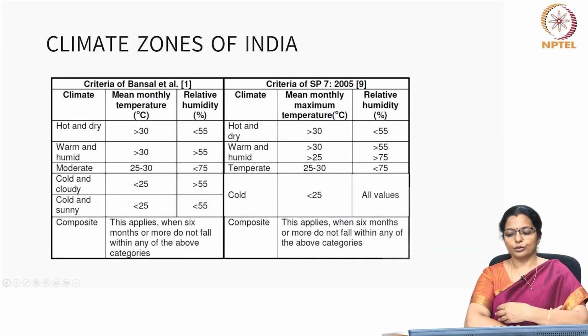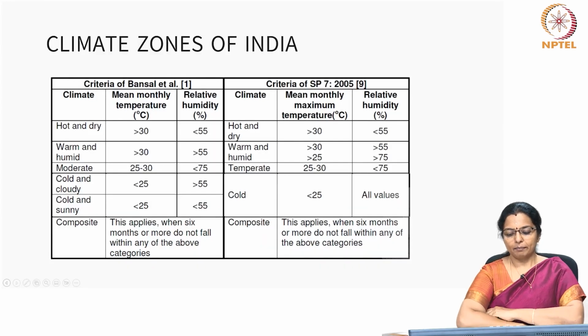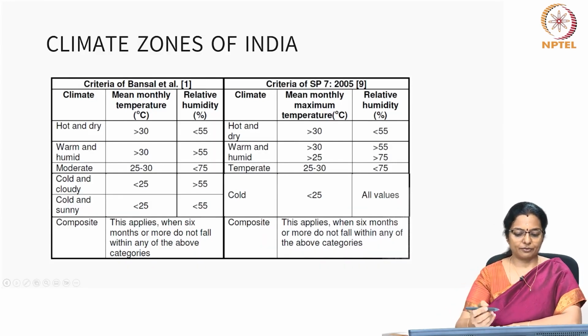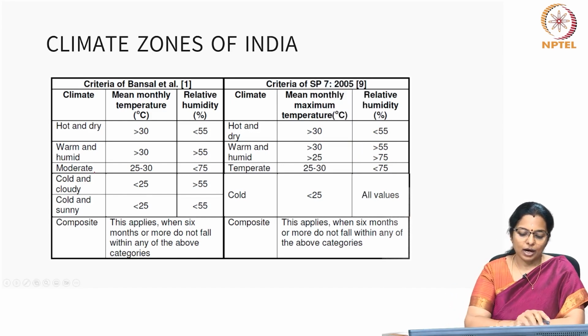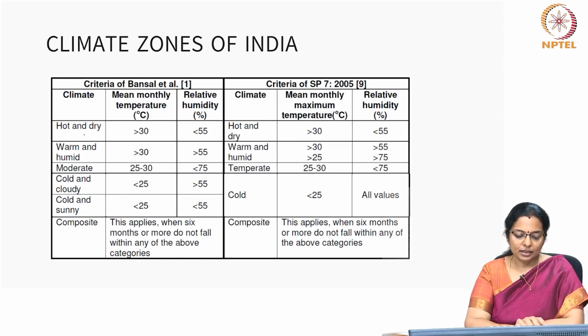So climate zones of India are based on two classifications. One is the criteria as suggested by Bansal and another is the standard SP 7 2005. According to Bansal, the hot and dry climate has the mean monthly temperature greater than 30 degrees centigrade with a relative humidity of less than 55%.